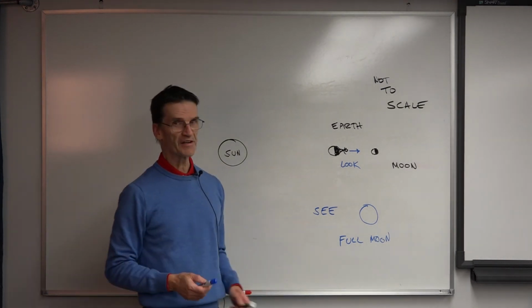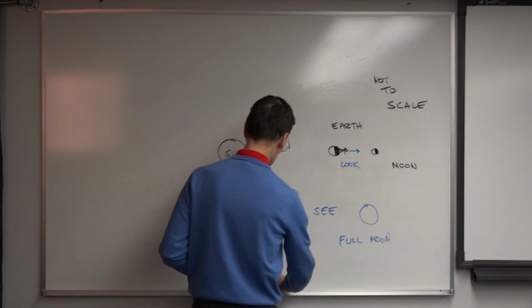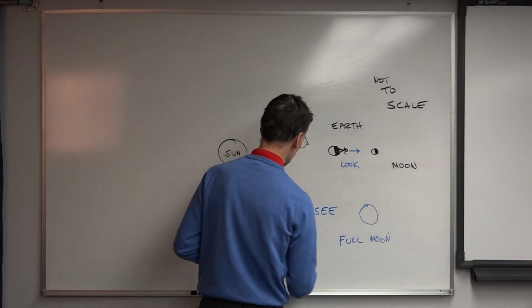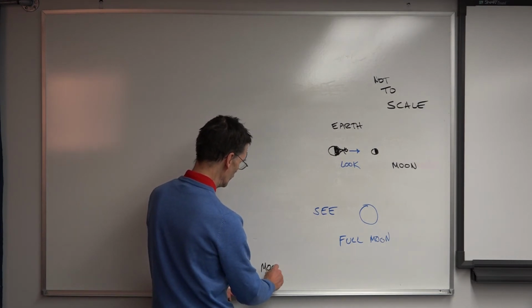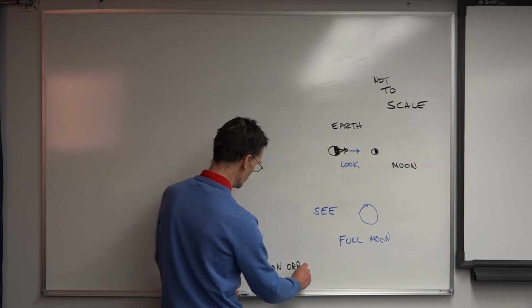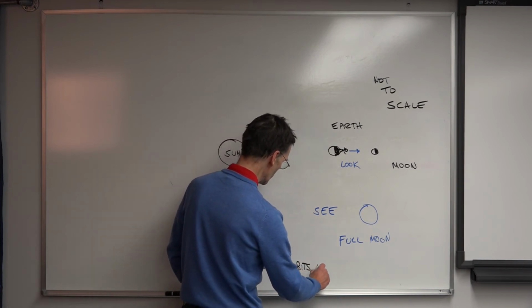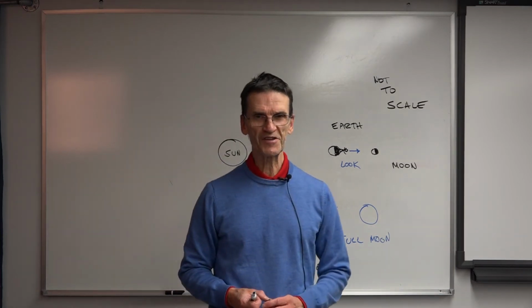But that's what we said: how the moon looks depends on positions. For emphasis, let me put this down here. The moon orbits the Earth. I said a month.